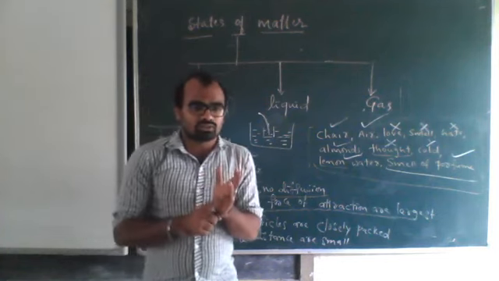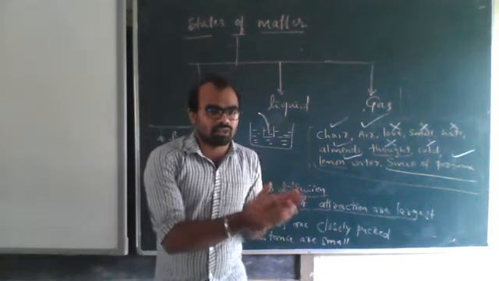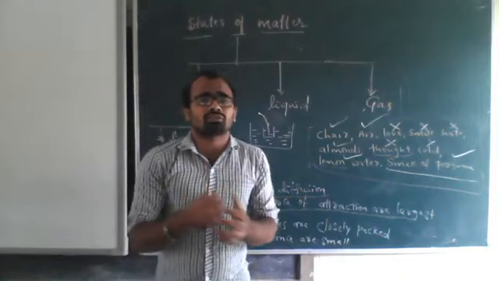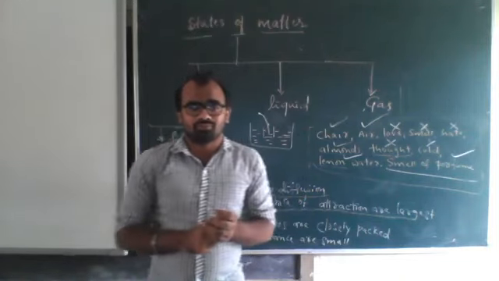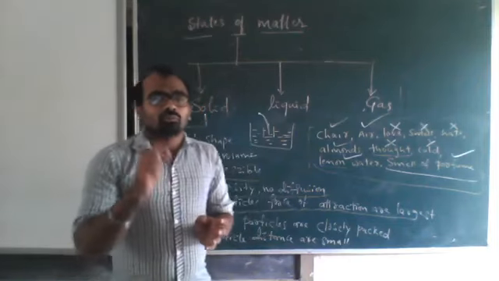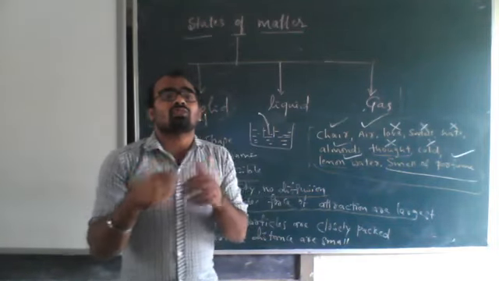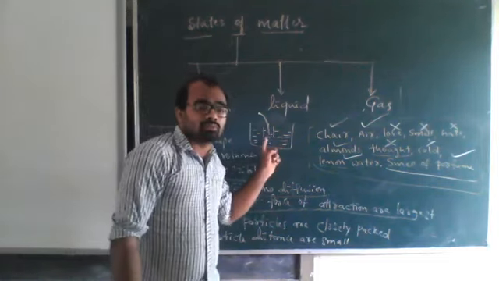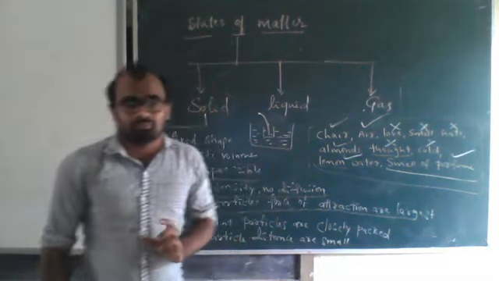First let us know what is matter. Anything that occupies space and has mass is called matter. What are the properties of matter? First property, the properties of particles of matter. The particles of matter have intermolecular spaces between them.